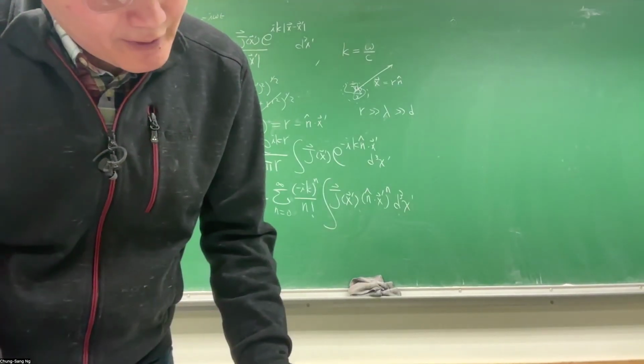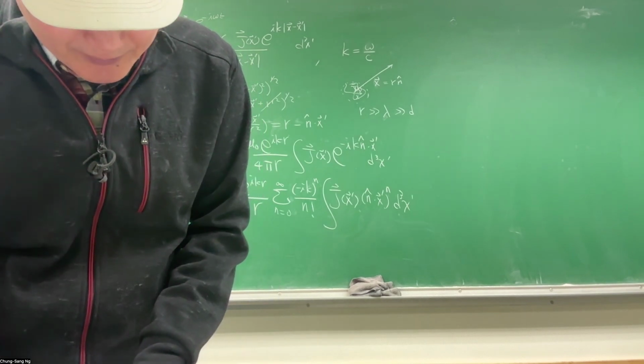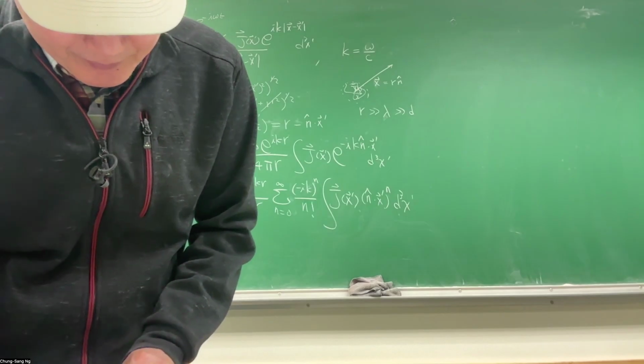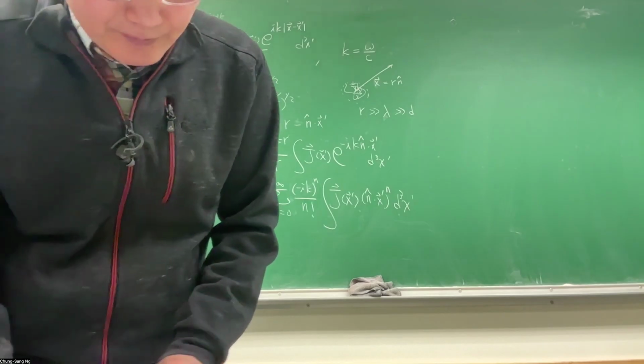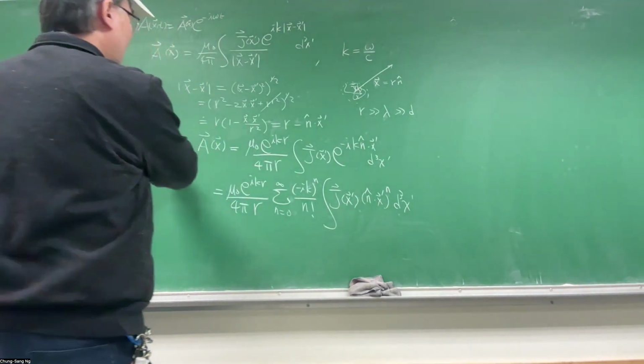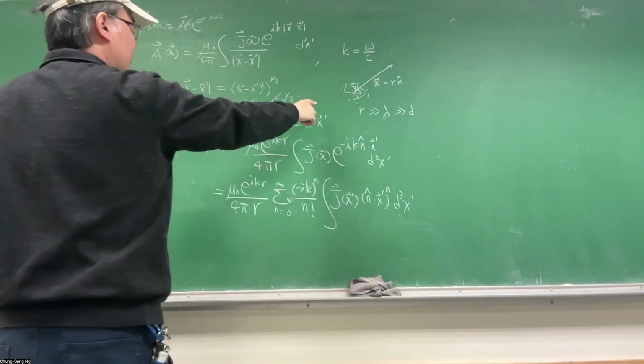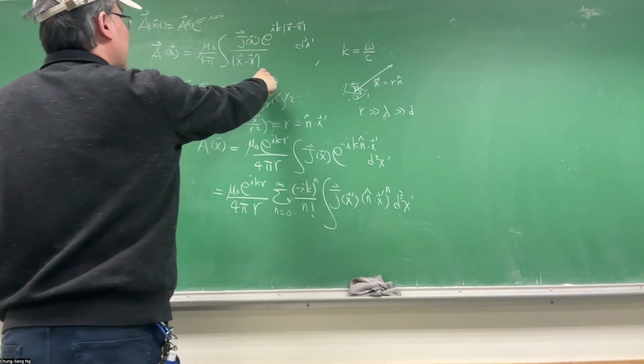Except the last section also talks about the so-called intermediate zone. Intermediate zone means going back to this one, but keeping all the orders, not doing any expansion.